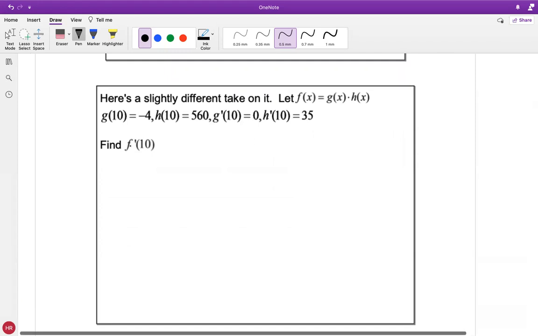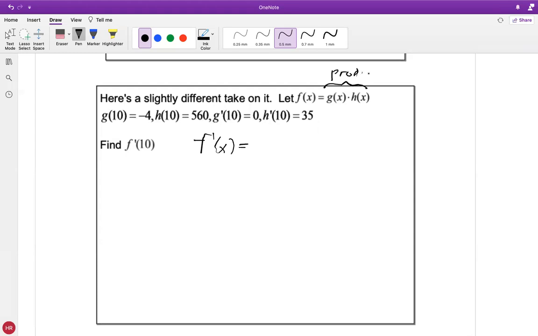So let's find f prime of 10. If this is f of x, it might be good to write f prime of x out first. So f of x is g of x times h of x. This is a product. I'm going to have to use the product rule.